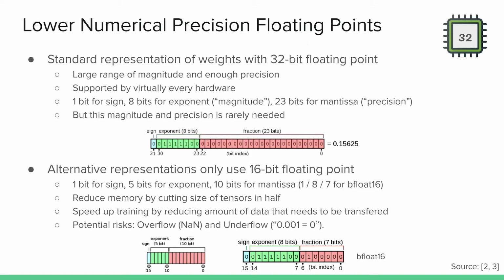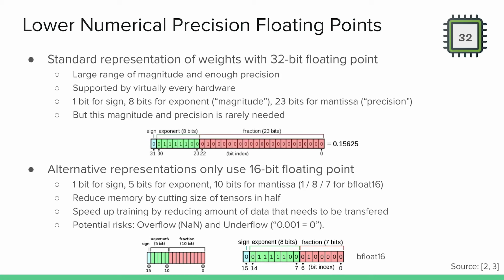To boost the performance of your training, there are still a bunch of other tricks. One would be to lower the numerical precision of your floating point operations. Standard floating point operations are 32-bit, where we have a large range of magnitude and enough precision to represent large numbers with high precision.